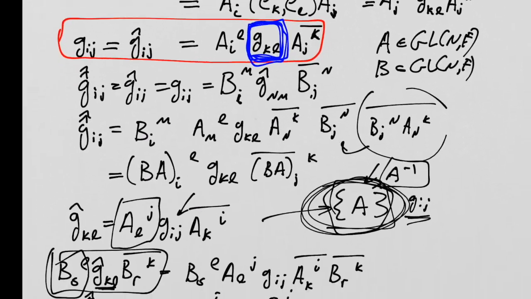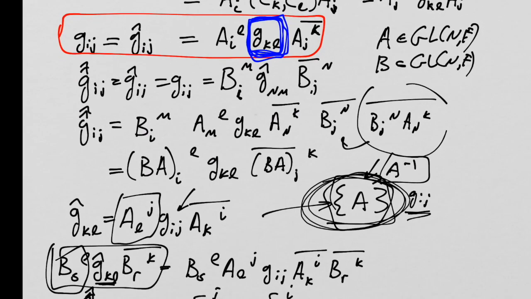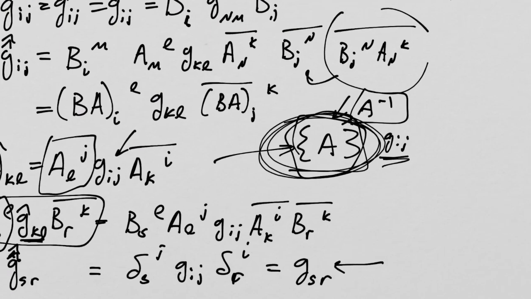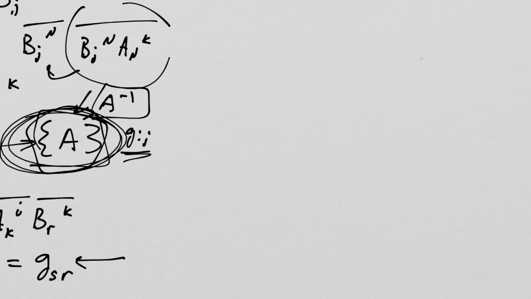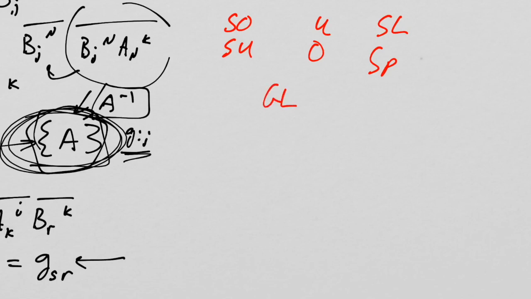And so all of those groups we talked about, the special orthogonal group, I wrote them all down before, right? SO, SU, UO, SL, the symplectic group, the general linear group itself, obviously.